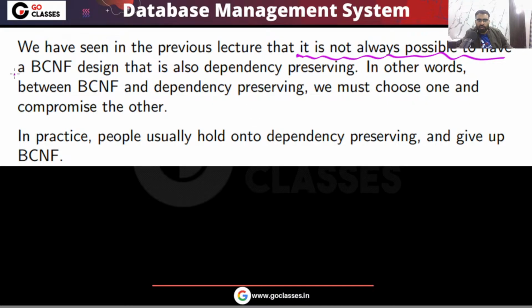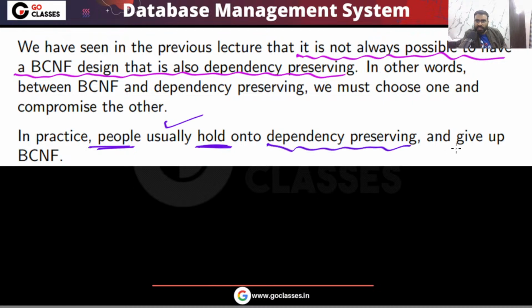So overall, what people usually do is hold on to dependency preservation and give up BCNF. People don't want to lose dependencies. We want dependency preservation also. We want lossless decomposition also. So that is the reason overall 3NF is a good way.